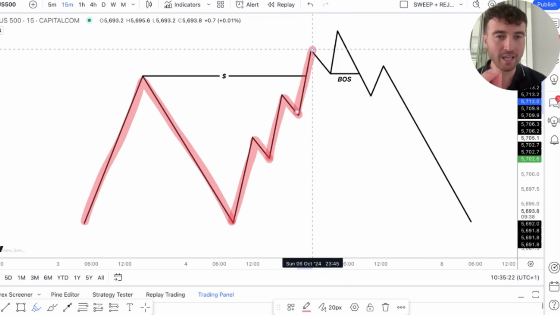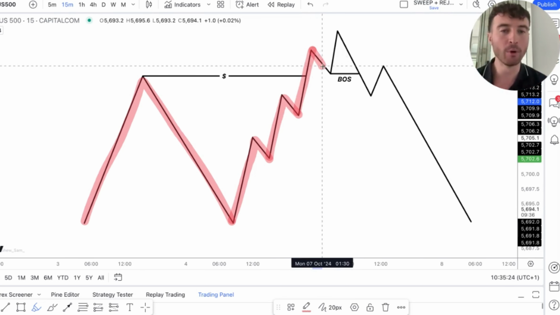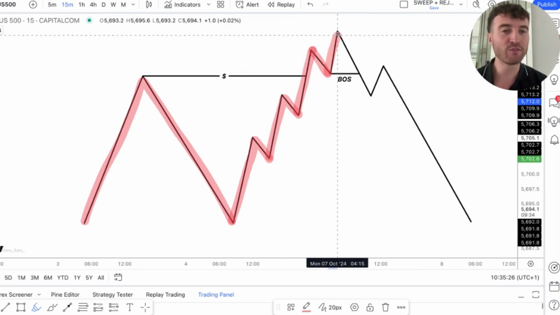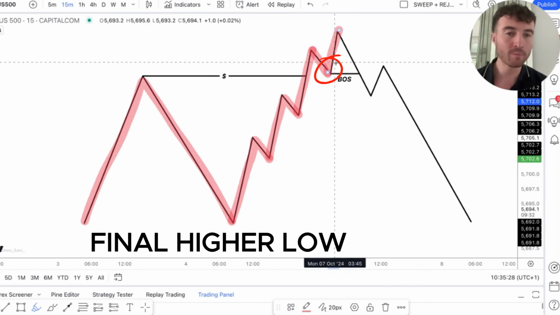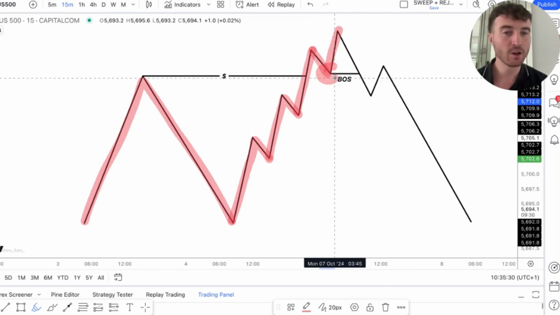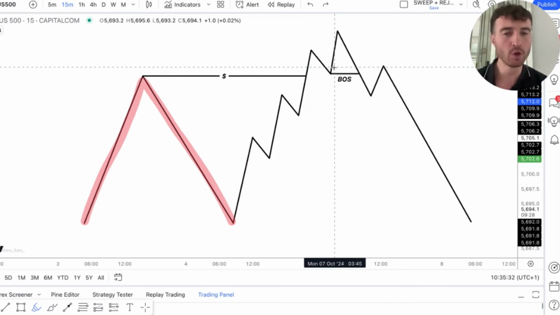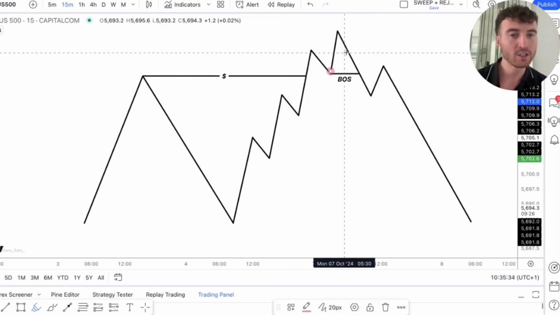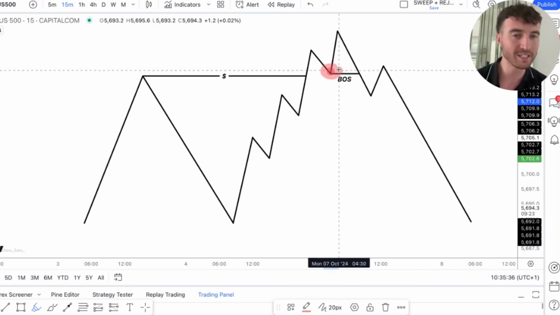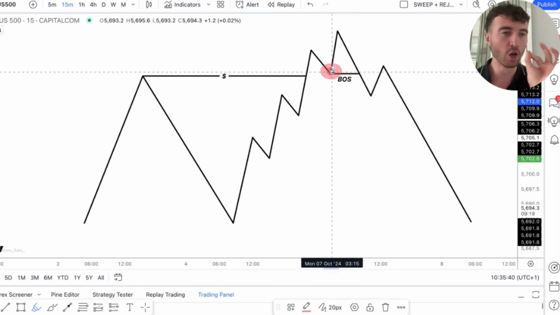Once you break above, you'll get a final higher low right here. Let me just remove everything so it's simple. You'll get your final high or low right here, and this is your swing structure on the lower time frame, which has ran the buy side liquidity.